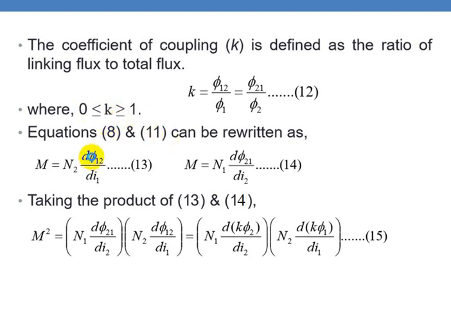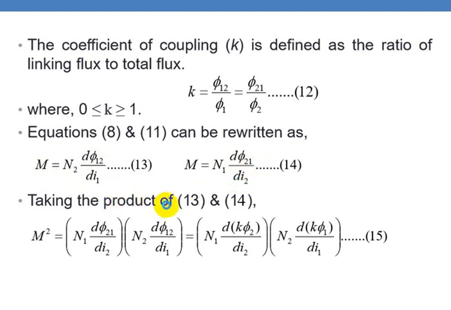So now equations 8 and 11 can be written as the mutual inductance equations. Here, instead of calling M21 and M12, I am just replacing them by M. So M will be equal to N2 into d phi 12 by di1, and another equation is M equal to N1 into d phi 21 by di2.